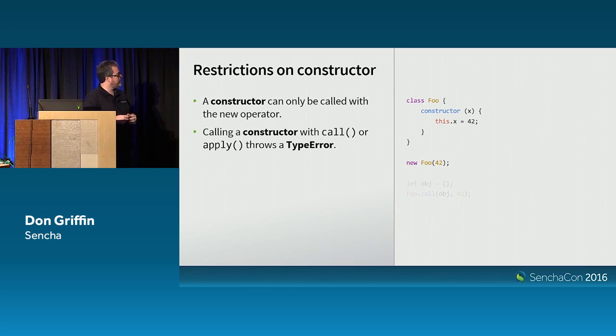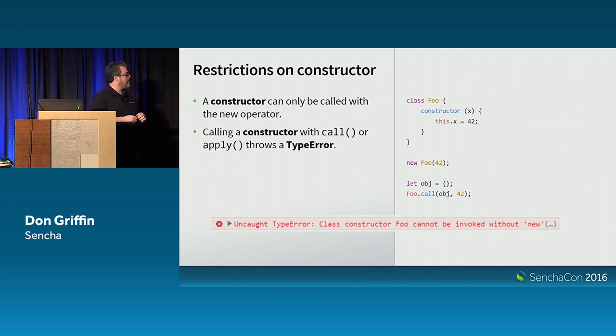But if you tried to use it with call or apply, thinking, well, a class constructor is, after all, just a function, you'll be sad because in the end, it's not a function anymore, it's special. And you get an error thrown at you that says you can't use a constructor like that. Now, if you're running through a transpiler, you won't see this message, but if you're running native ES6 code in a native environment like Node or Chrome, you will get that message. And so we have to adjust the coding paradigm slightly, and that's why the "or" has to go off of our method.